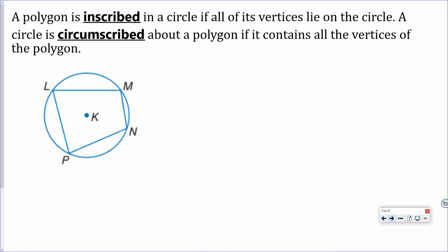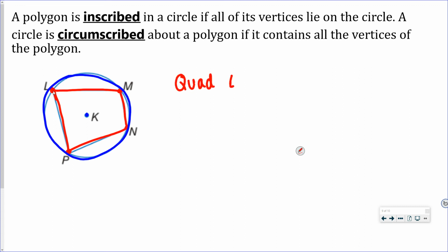Okay, so in this example, do we see how quadrilateral LMNP, see how all the vertices lie on circle K? So we could say quadrilateral LMNP is inscribed in circle K.